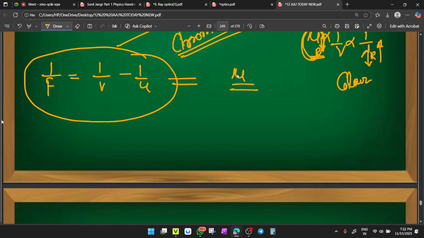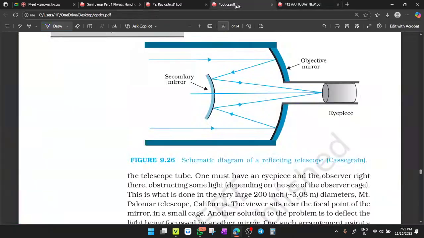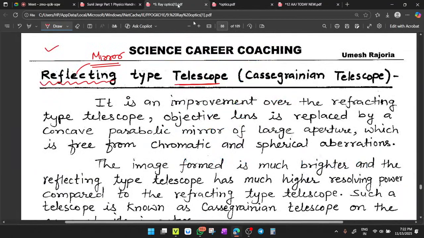So as the focal length is independent of the refractive index, it is independent of the wavelength, and you will have a sharp image free from chromatic aberrations. That's why we use a mirror in place of a lens.